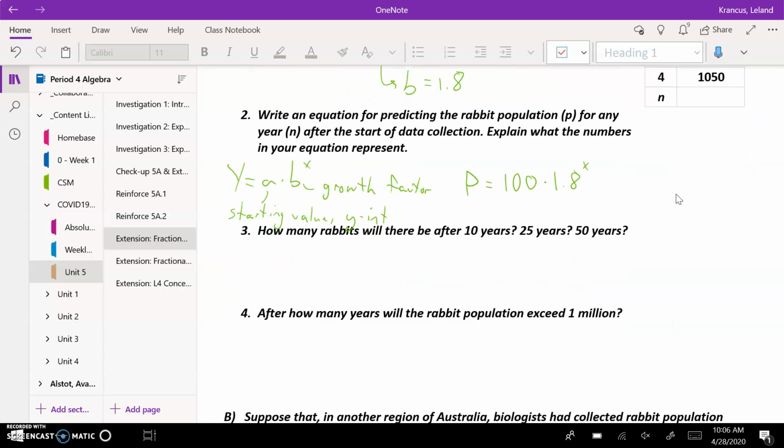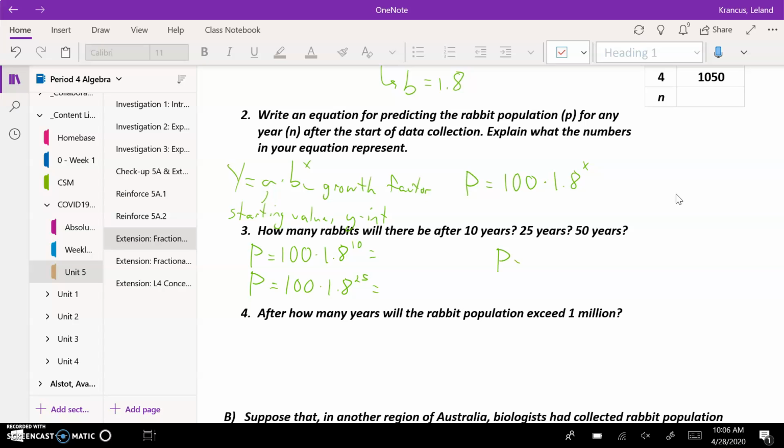These are easy to use to solve for any y value by substituting in x. So for each of these, you're just going to do P equals 100 times 1.8 to the power of 10, P equals 100 times 1.8 to the power of 25.